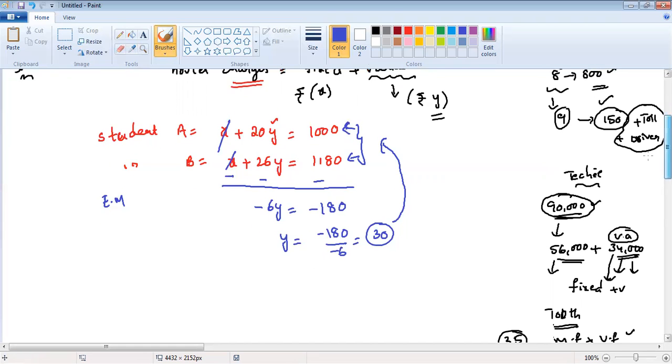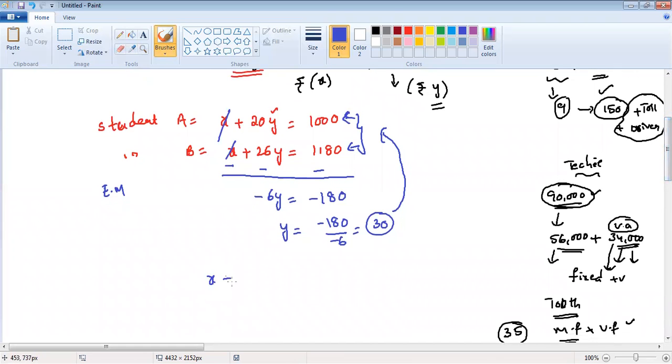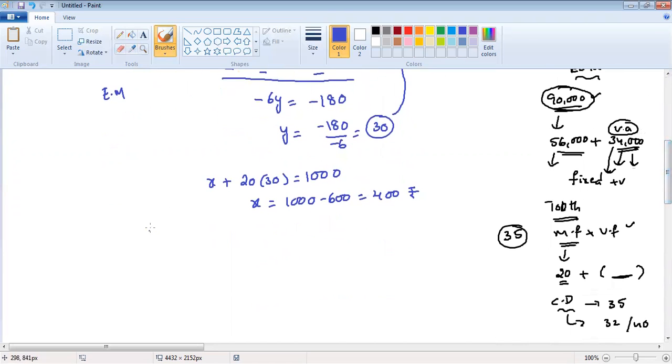I'm taking the first equation: 20x plus 30 is equal to 1000. That is 600 plus y, 400 rupees. So the monthly fixed charges will be 400 rupees.